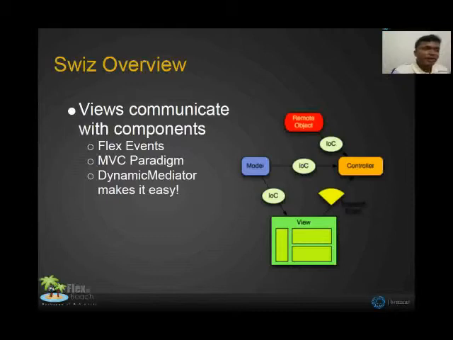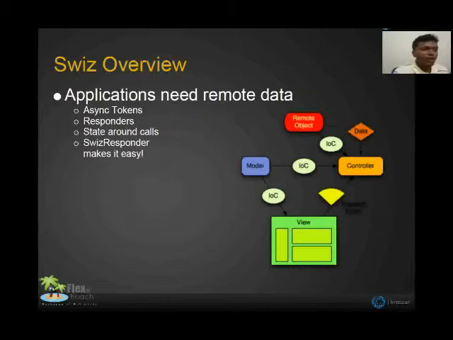Applications need remote data. Without remote data it cannot be an enterprise application. This remote data involves async tokens and responders, state around the calls being made and responses being received. All these things are made easy by the Swiz responder.